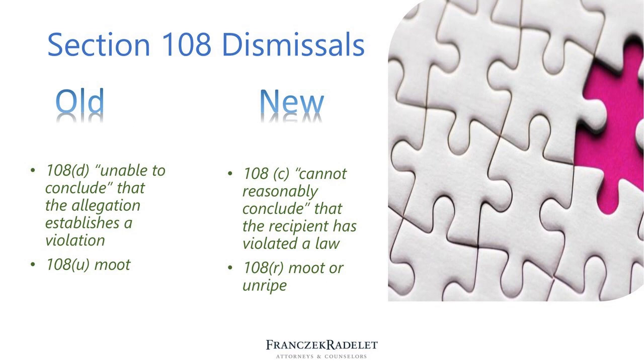There was an addition of this language about ripeness, though, to the dismissals. What this means is that the case has not yet come to a point where there's a violation. So we could potentially see this coming up in cases where someone says a policy or a rule that's in effect is discriminatory, but it hasn't yet actually been applied to that student. We might have a basis now under an OCR complaint to argue that that isn't ripe.